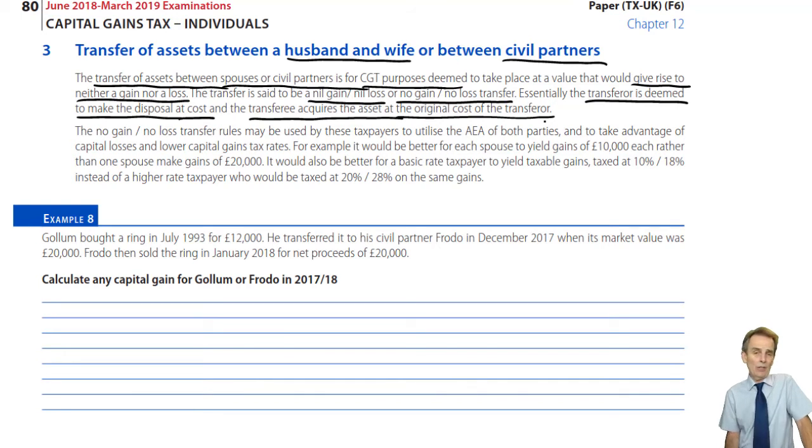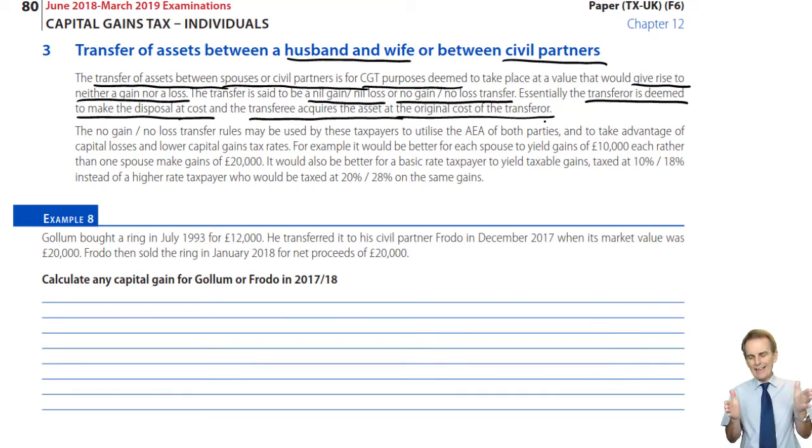Now, clearly HMRC have this for a reason. Remember, each of us, each year, spouses, civil partners, we exist independently in terms of taxation. So if I had an asset that, up until this tax year, had increased in value by, say, £10,000, and I thought that next year it was going to go up by £3,000, £4,000, £5,000.